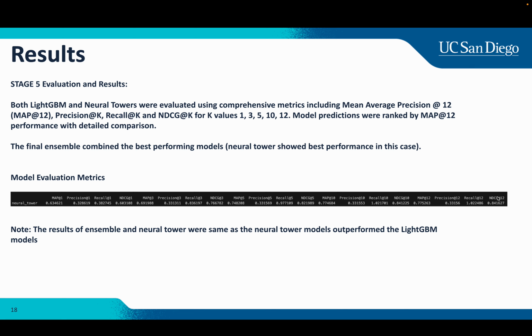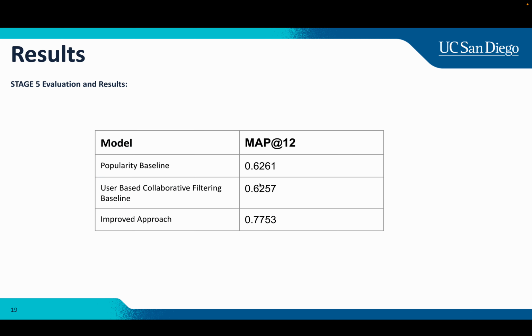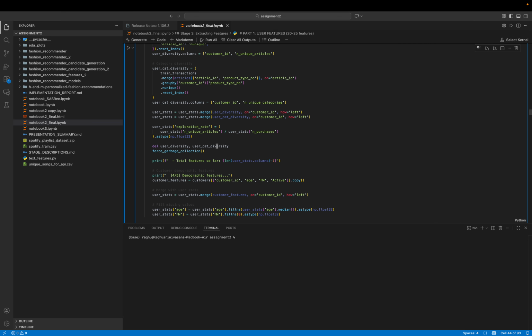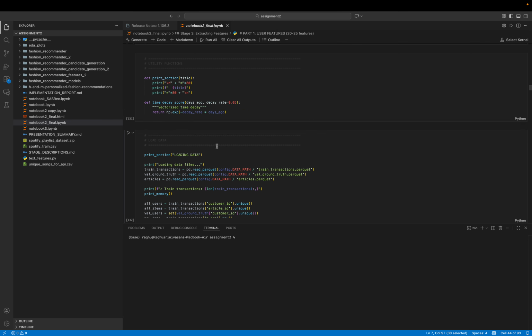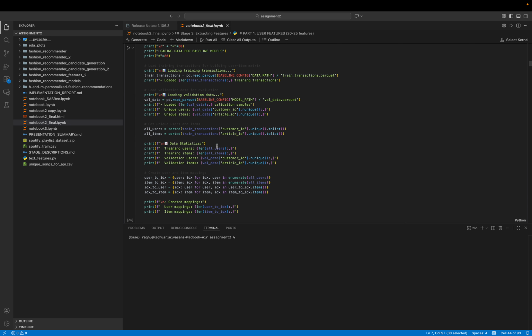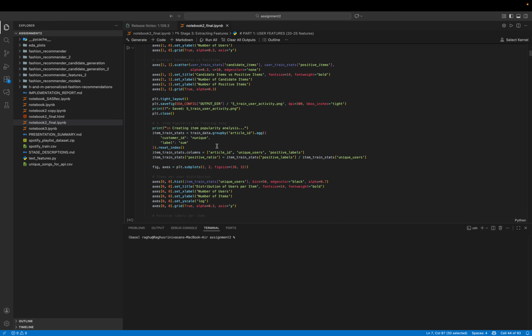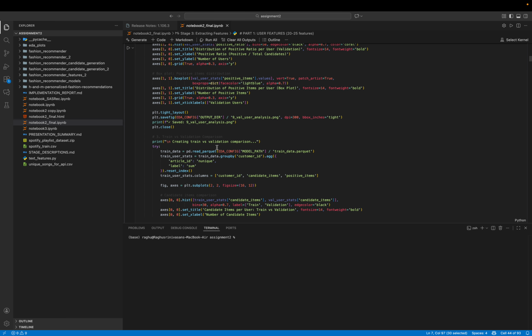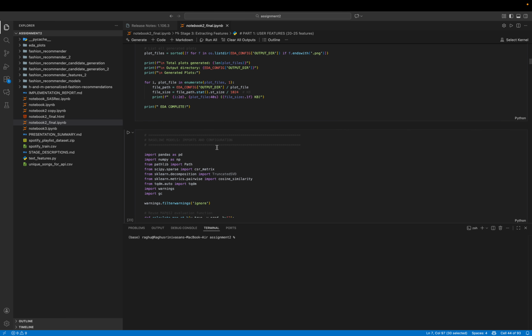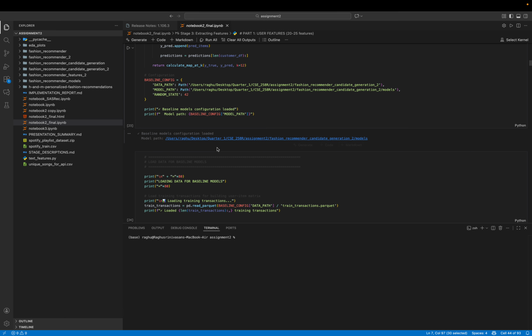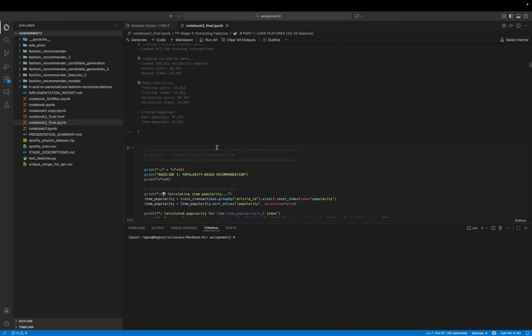So this is the best MAP at 12 that I could get, and comparing it with the baselines, for the popularity baseline, I received this score of MAP 12, and the implementation for this is provided here at the top of the notebook, where I start with the exploratory data analysis, pulling out some plots for the data, and this is where the baseline models are implemented.